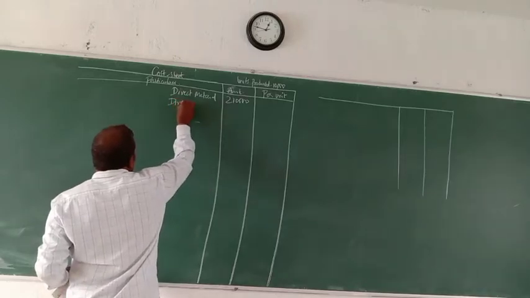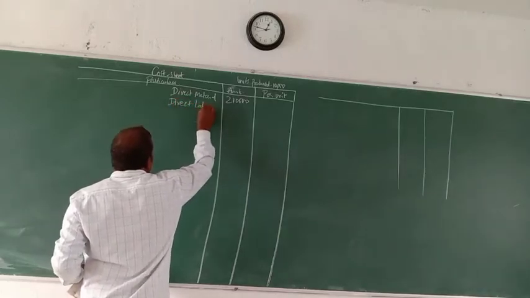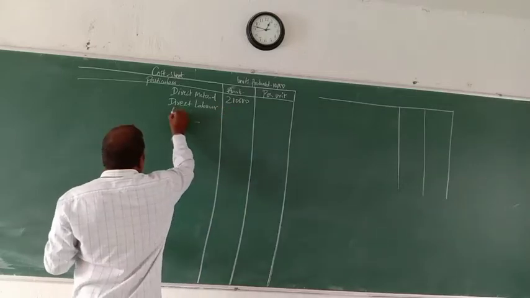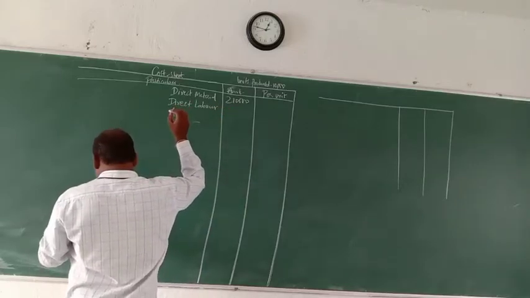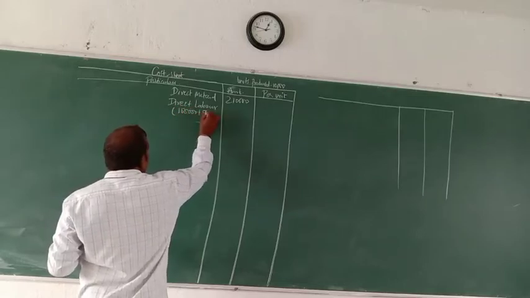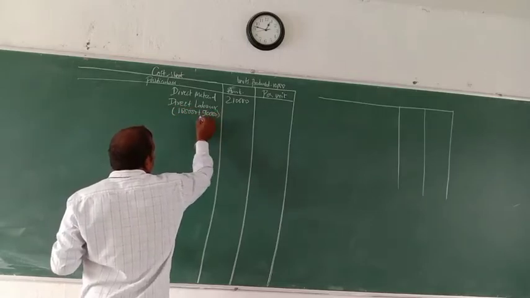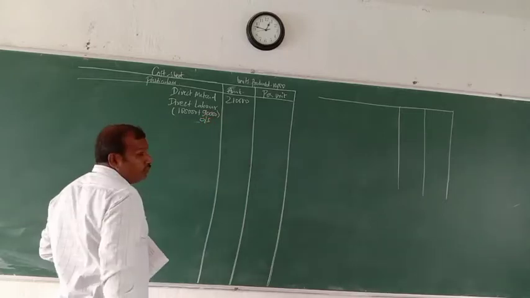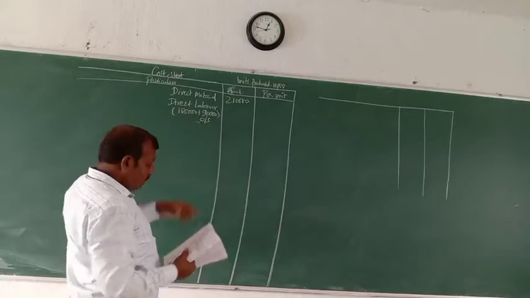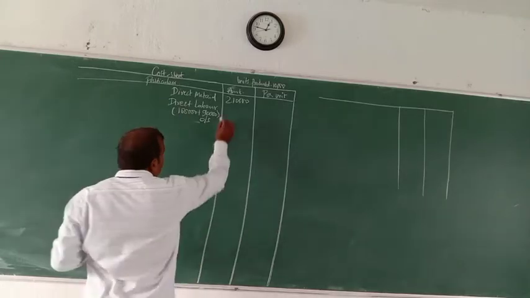Direct labor. They have given adjustment to the direct labor: 1 lakh plus outstanding of 90,000. It is the outstanding amount. So here itself in the bracket I showed 1 lakh plus 90,000. You get 1 lakh 90,000.